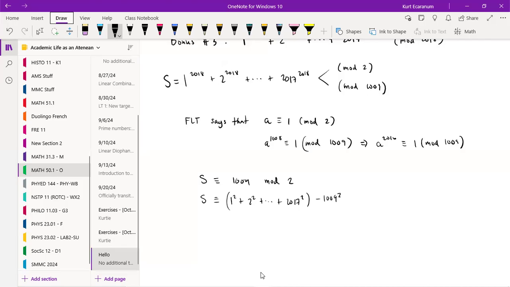Hindi kasama sa congruence yun. Hindi siya satisfied ng Fermat. Yan. So we will leave that as is. Yung ganyang expression. And mind you can actually compute it. So 2017 times 2018 times 4035 divided by 6 minus 1009 squared.